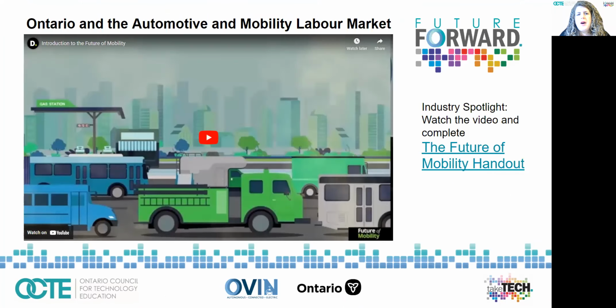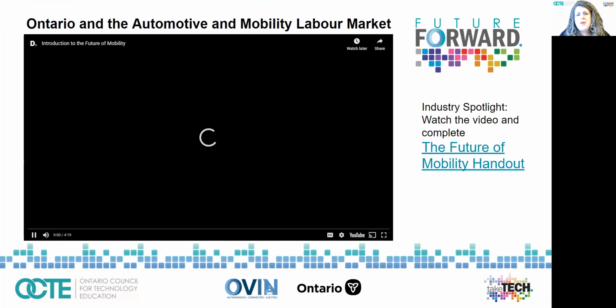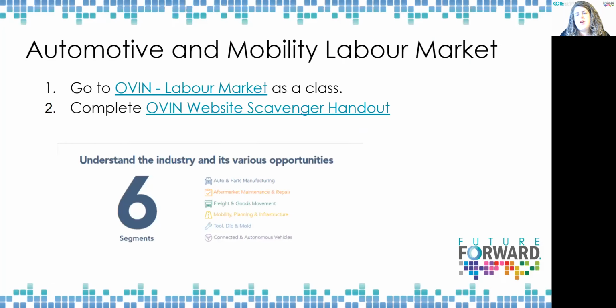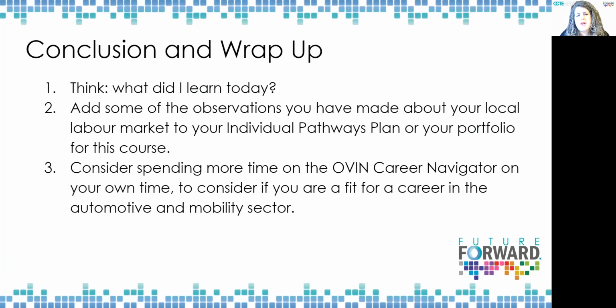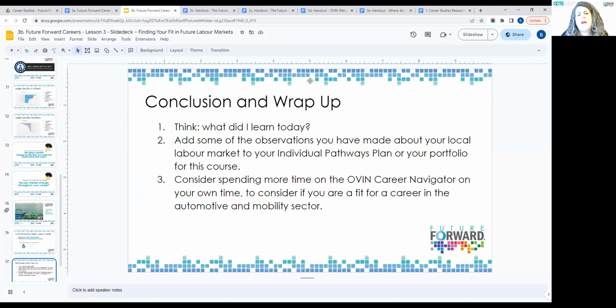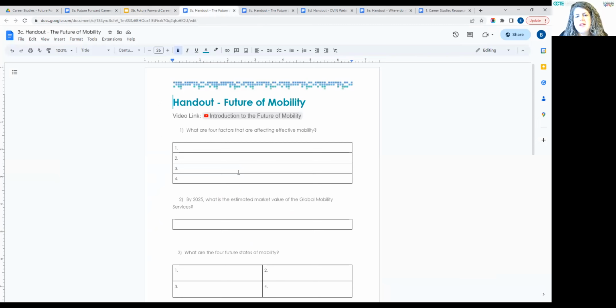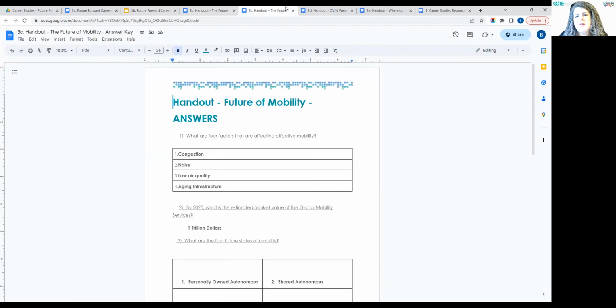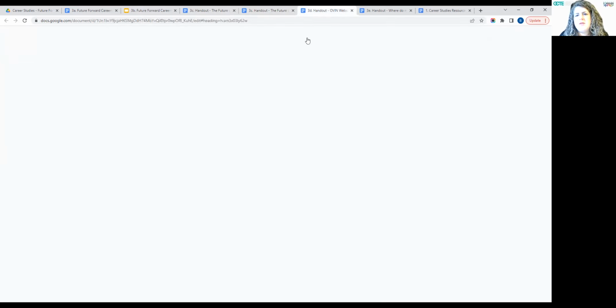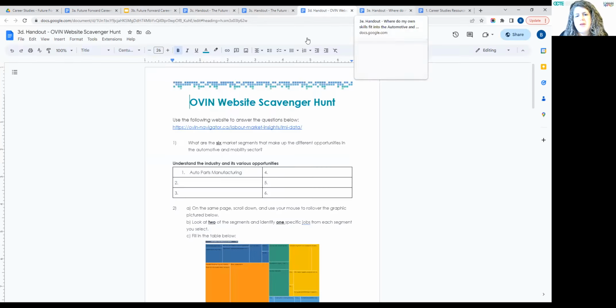Okay, so then we go deeper and we connect to the Ontario and automotive mobility labor markets, and students again are directed to head over to the OVIN site and connect themselves directly to that labor market. There's handouts provided throughout that can be easily posted to a Google Classroom or Brightspace, and we've provided you with an answer key where there's answers required.